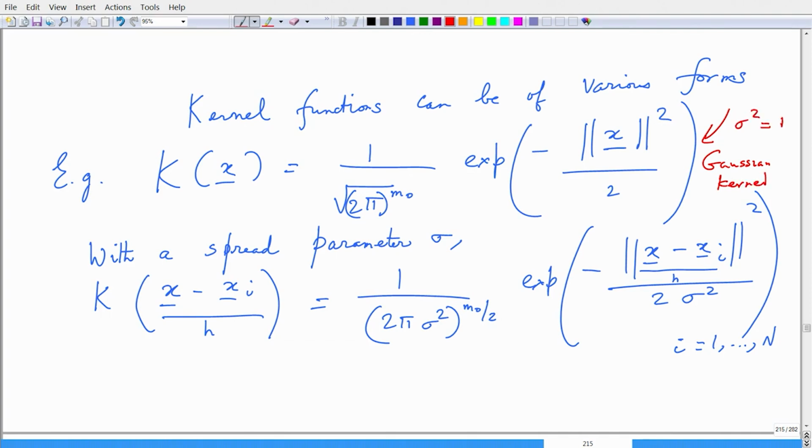But if we bring in a spread parameter sigma, then we can compute this quantity, kernel of x minus xi upon h, in this manner. We are just bringing in this sigma square term, and this is like the Gaussian function that we are familiar with, right. So, for every data point xi you have a kernel which is defined in this manner.